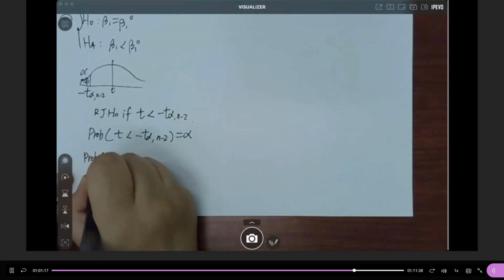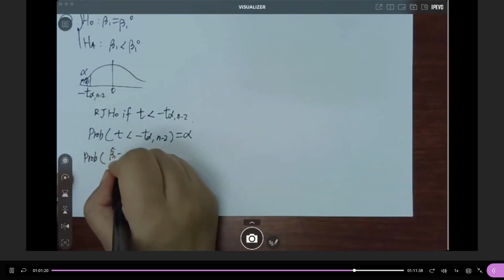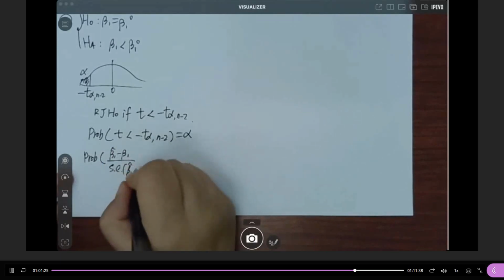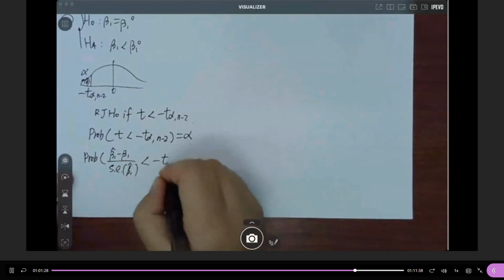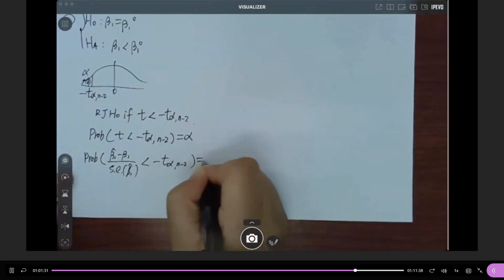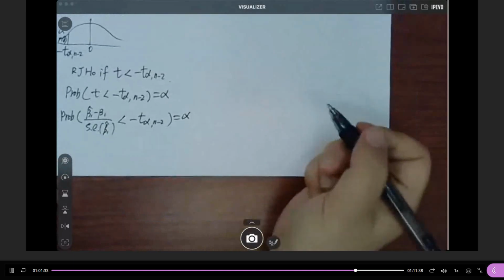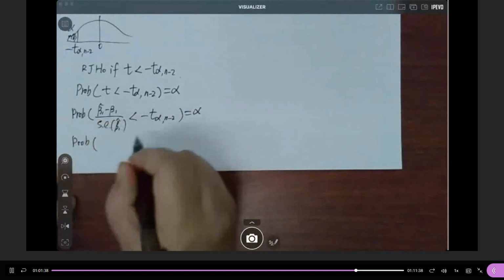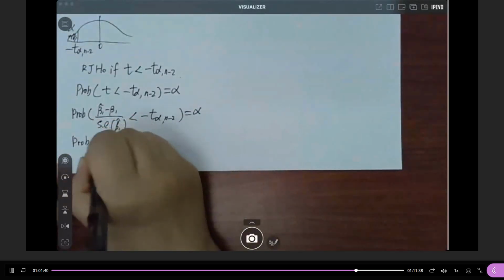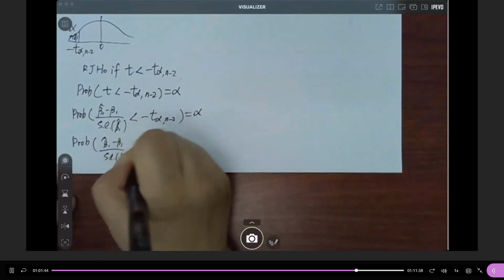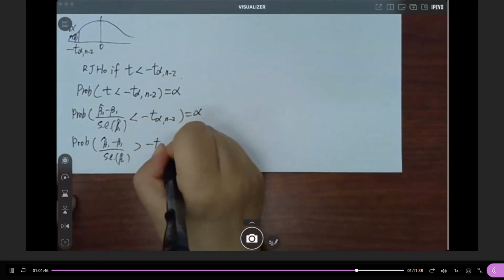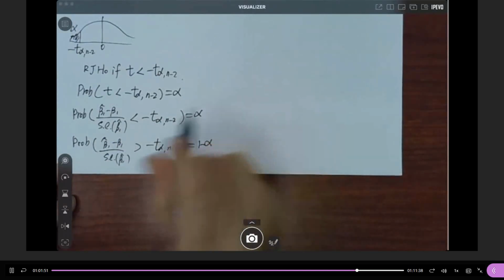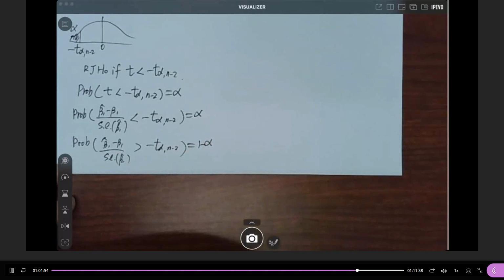Then we plug in our definition for t, so the probability of beta 1 hat minus the true population parameter beta 1, over the standard error of beta 1 hat, this t less than negative t alpha, is exactly alpha. And we want 1 minus alpha, so flip that, so you get the probability for this to be greater than negative t alpha with n minus 2. When you flip this, it becomes 1 minus alpha, right?